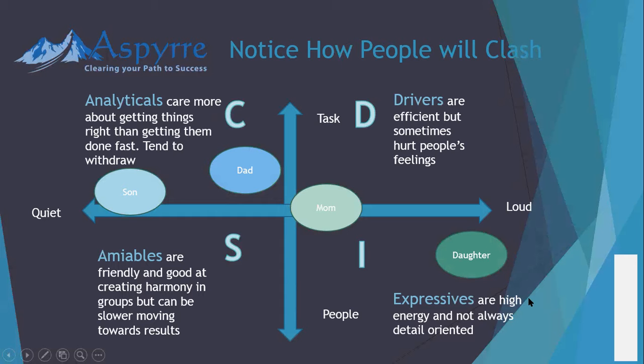And then the thing that's on their negative side is that their high energy can sometimes be overwhelming to others, and they may not always be very concerned with details. Then as you get into the S quadrant, or the amiable quadrant, you have people who are also very people-oriented, but they're quieter.